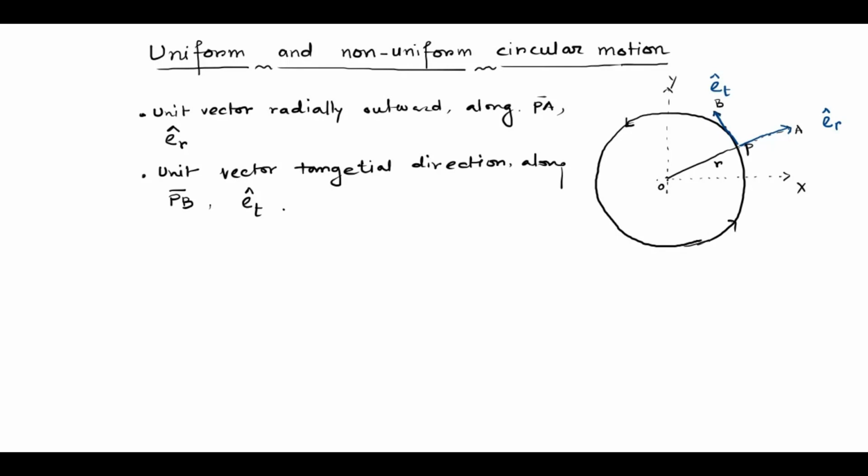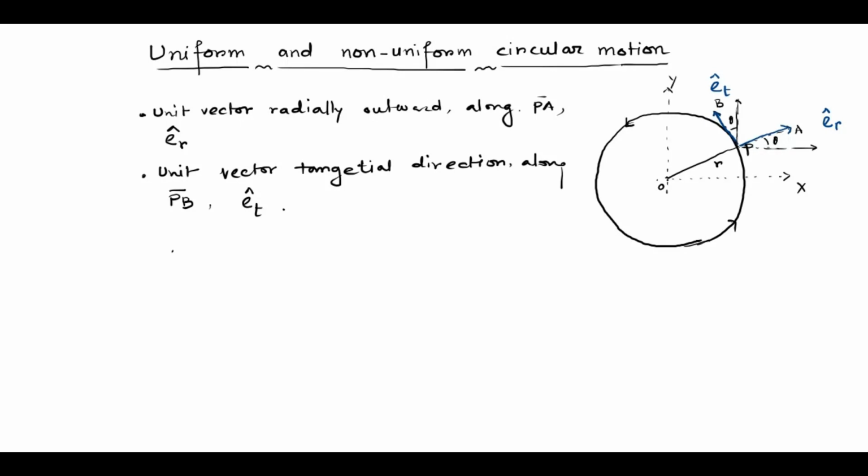Let's suppose this PA vector makes an angle theta with the x-axis, and the PB vector also makes the same angle theta along the y-axis.